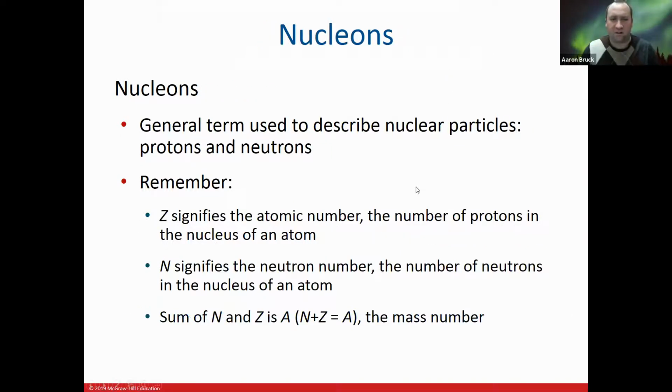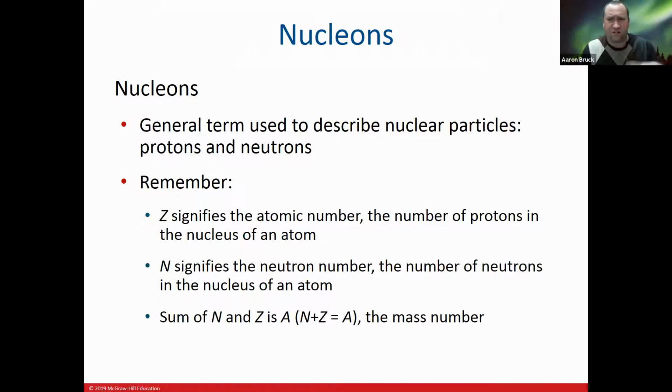Now, there are some terms that come along with this. One of those terms is a nucleon. A nucleon is basically just a term that we use to describe nuclear particles. In particular, protons, neutrons, and small combinations of them to make small atoms. Just some reminders. We talked about this.